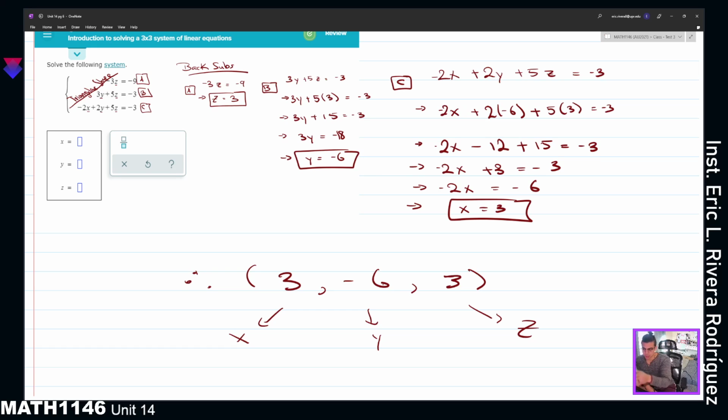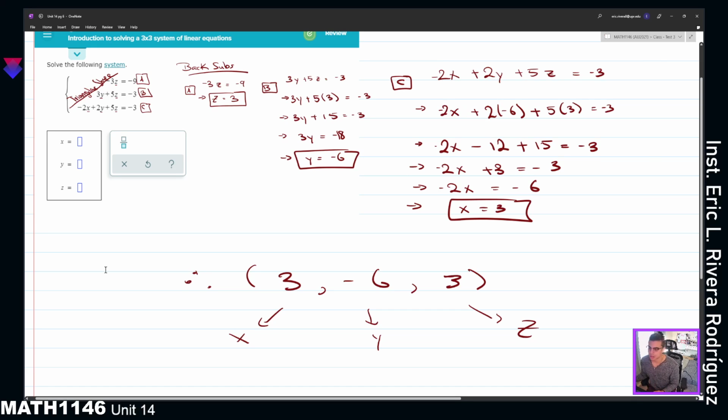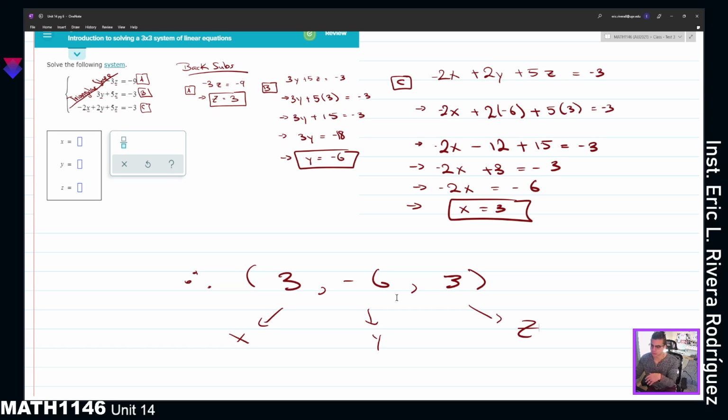So x, y, and z is something that is used when we are working with a 3D environment. But you don't need to worry too much about this yet. Just focus on the 3x3 system, triangular shape, basic solution, and getting the solution.